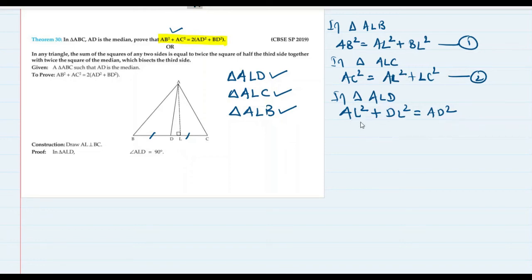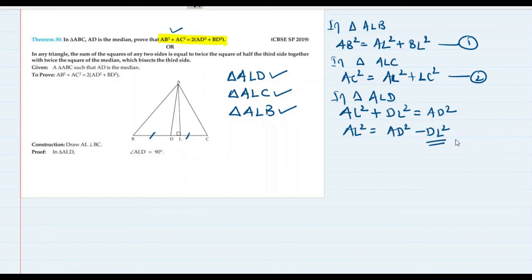Now from this, just pay attention to this. I'm going to find the value of AL square. What is AL square? AD square minus DL square. Remember this: AL square is AD square minus DL square.